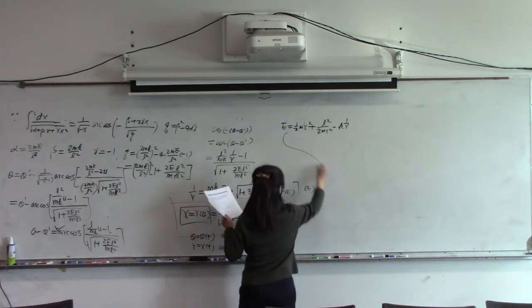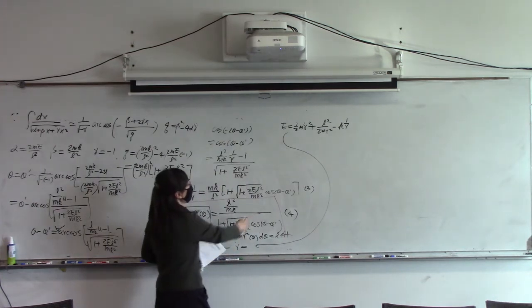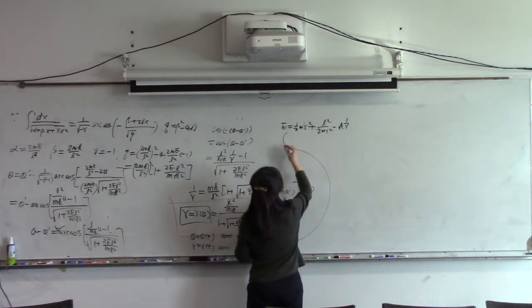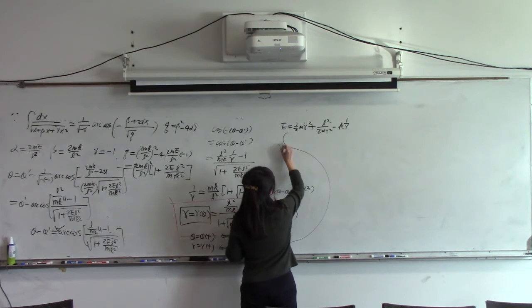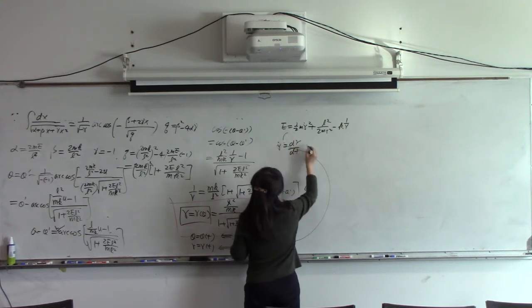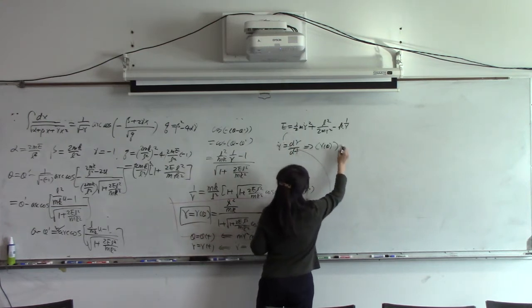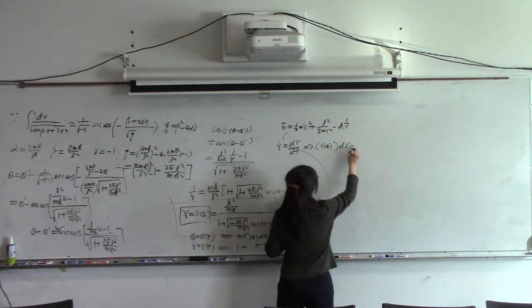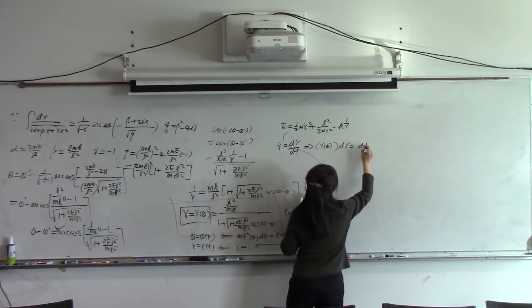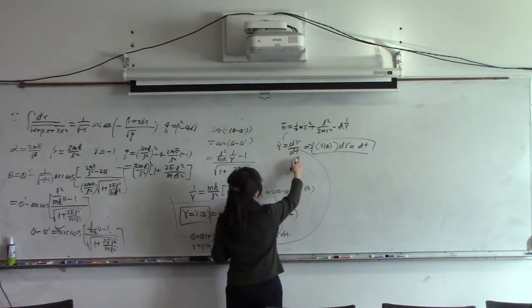That is this. Just from here, we can get this one. So let's write it down here. From here, we can get r dot, and r dot is dr dt, right? Then you can have something as a function of r, theta, dr, and something with dt.